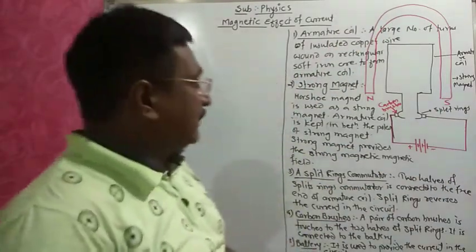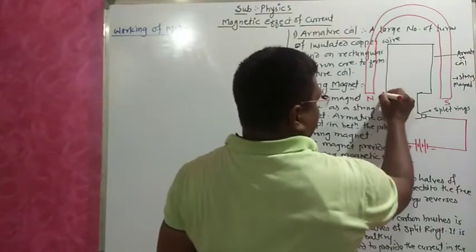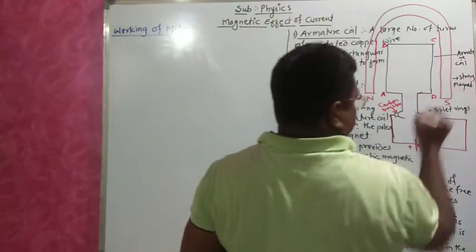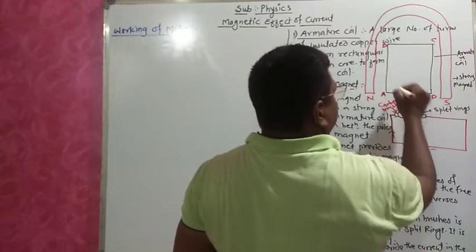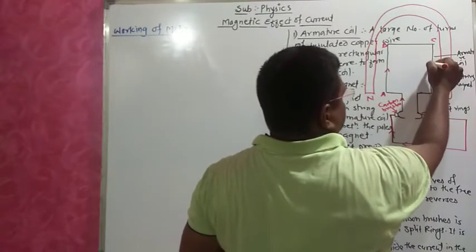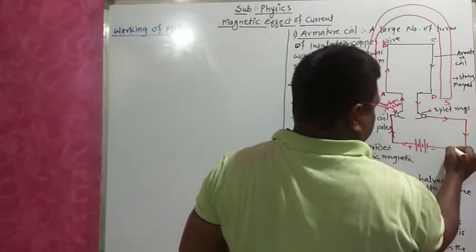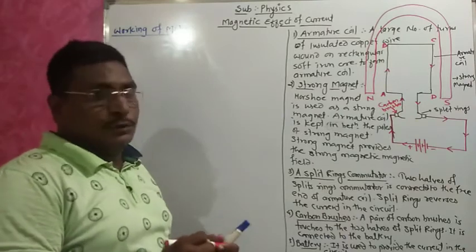Here we will give the names A, B, C, D, and show how current is flowing from positive to negative. In this way we showed the direction of current.